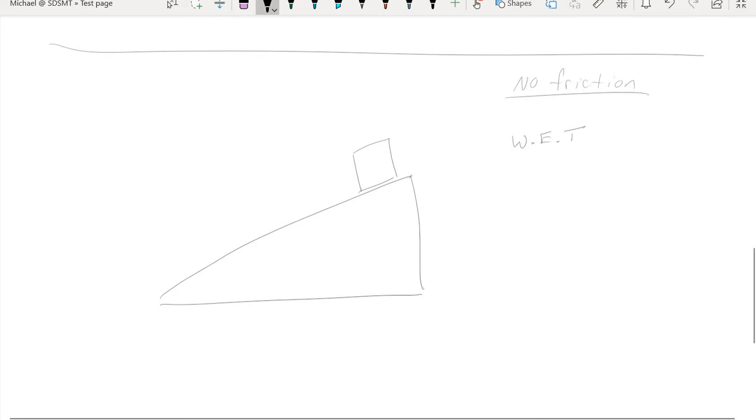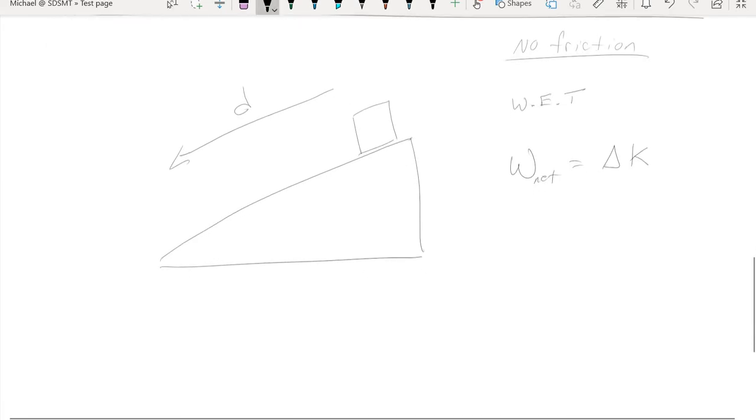We don't need friction to complicate things too much right now, but we want to find the net work that is done as this mass slides down the incline and relate that to any change in kinetic energy for that mass.